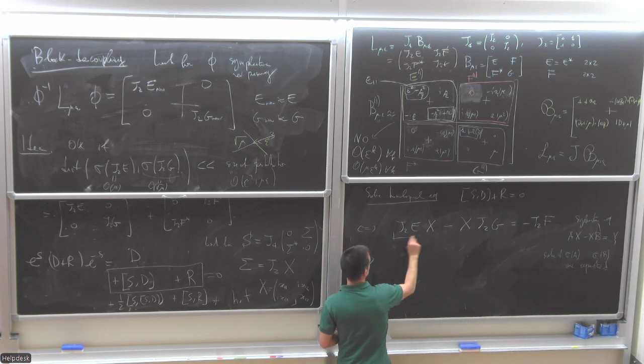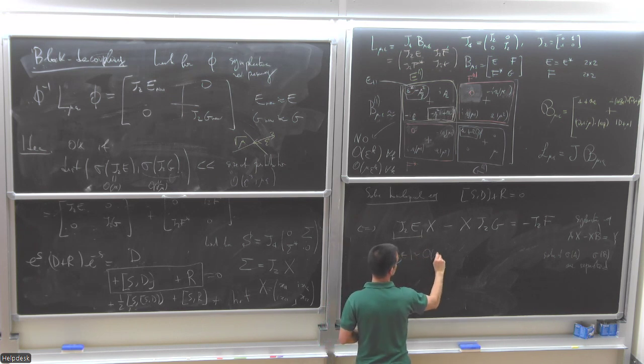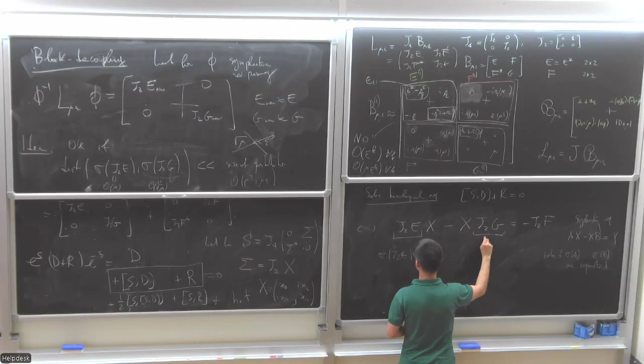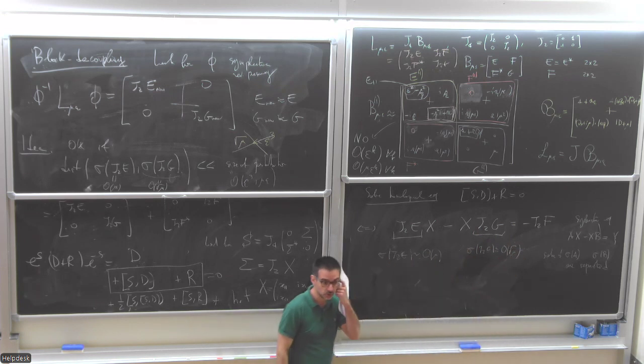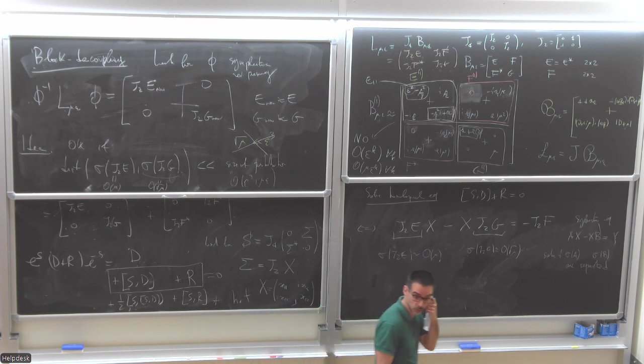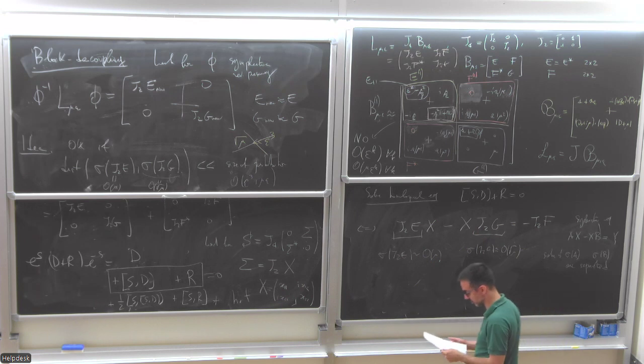And this is the case, because the spectrum of J2E is something of order mu, and the spectrum of J2G is something of order square root of mu, so they are separated. And so you can solve this equation.